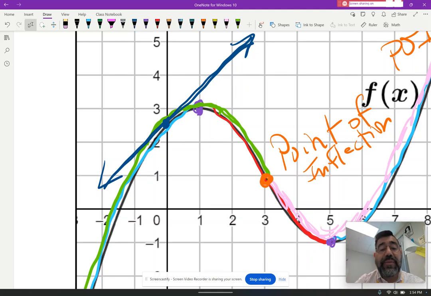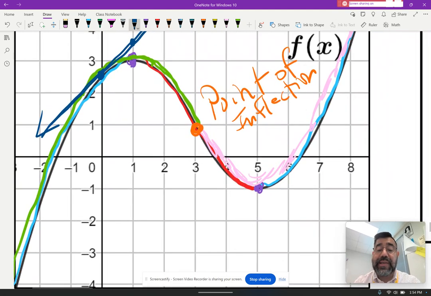So if I wanted to approximate the curve at x equals 1, I could use the point on the line to approximate the point on the curve. But it was going to be off, right? It wasn't going to be exact, but it was going to be a pretty good estimate. With concavity, we now realize that the tangent line approximation that occurs on a concave down part of the graph is actually an overestimate.